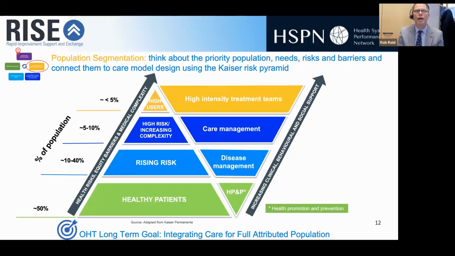But as you move up the pyramid, the health risks, the equity barriers, and the medical complexity increase. And that means that you also have increasing needs for clinical, behavioral, and social support systems. So as we think about populations, we have to think about all of these people and all of their different needs as we move up the risk pyramid.